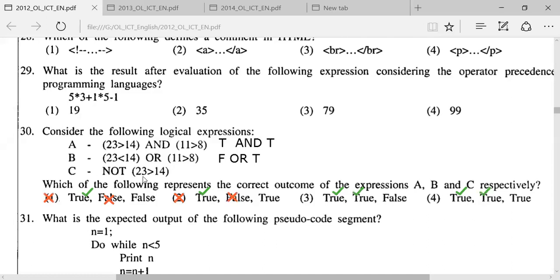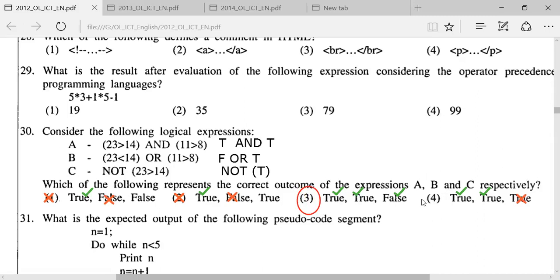Not, within the bracket, 23 greater than 14. So initially you have to do the bracket. 23 greater than 14, that is true. For the true, when we apply not, that will be false. So the answer option will be the third answer option.